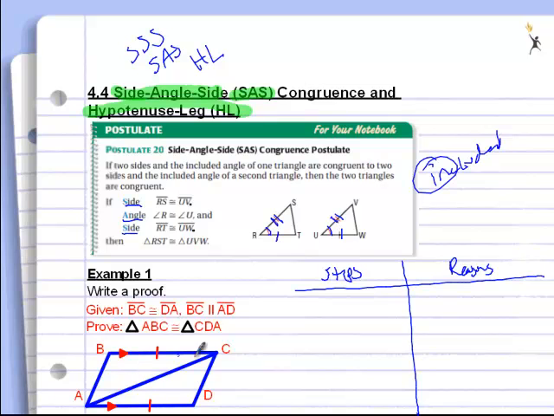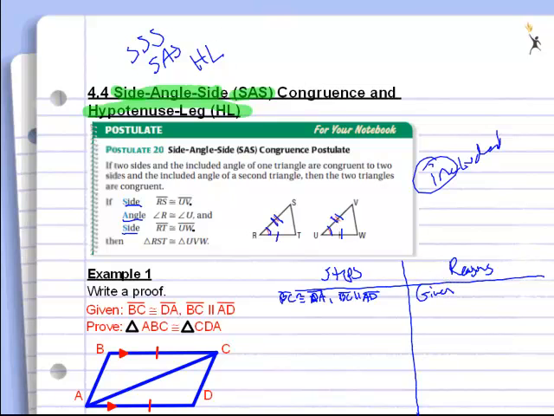We're also told that BC is parallel to DA. So what we're going to do is write down what we were given first, that BC is congruent to DA, and that BC is parallel to AD. And that's given.